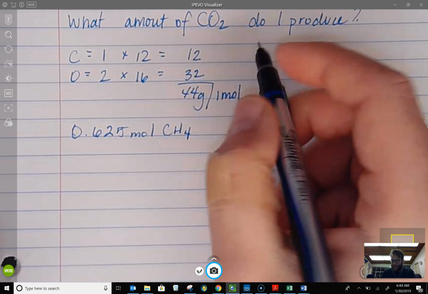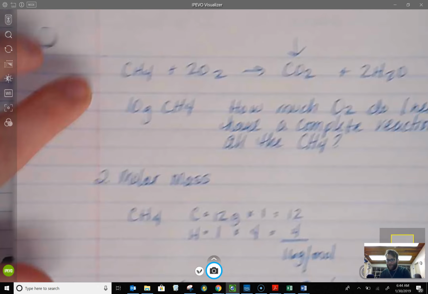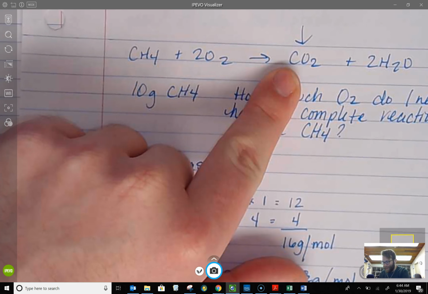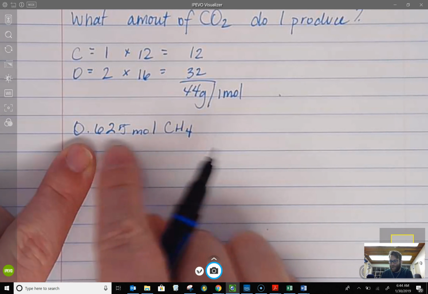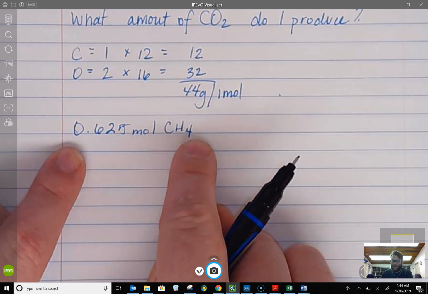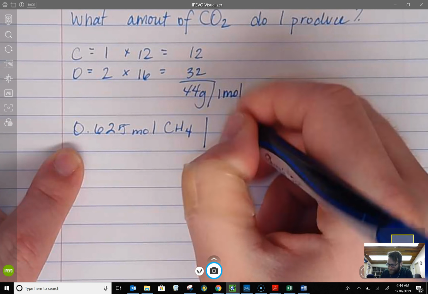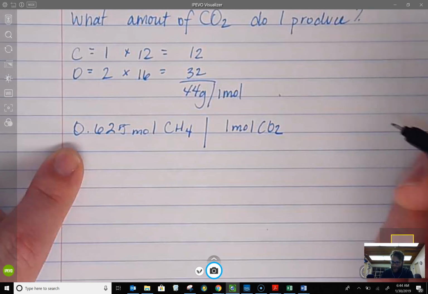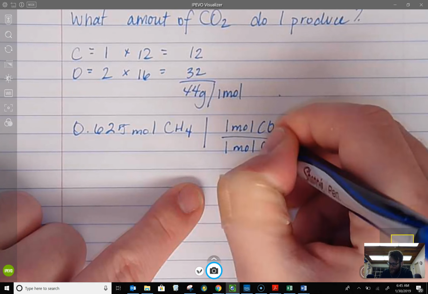Okay, if I look at my reaction, for every 1 mole of CH4, I would produce 1 mole's worth of carbon dioxide. Since I'm starting out with 0.625 moles of CH4, that means I can only produce that amount of CO2, right? Because I know that for every 1 mole of CO2 I produce in my reaction, I am using 1 mole of CH4.